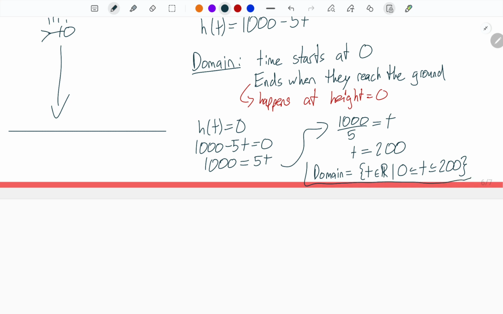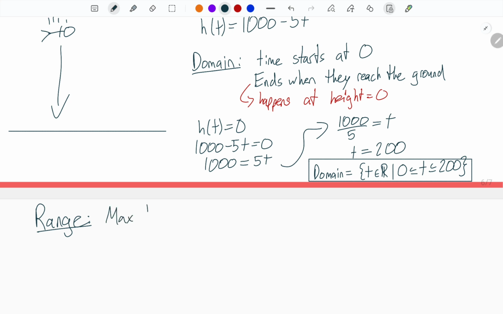Okay, so that's the first part of the problem, the domain. All right, the next part of the question is the range. So the range we need to think of in terms of the physical situation. What is the highest she is, and what is the lowest she is?